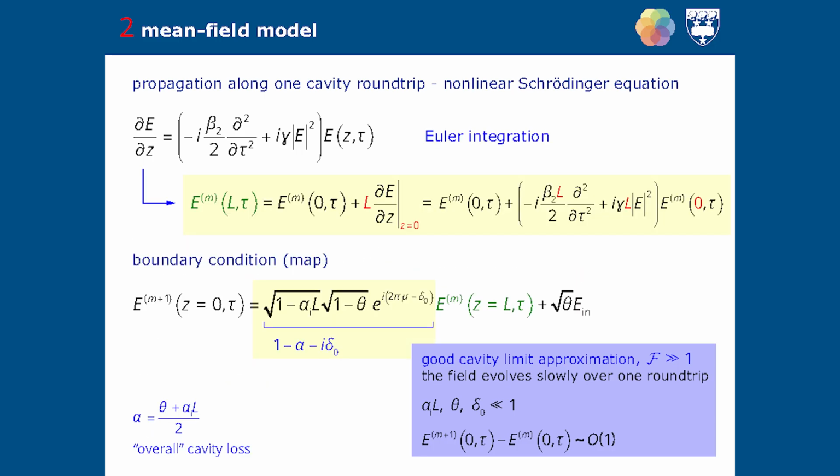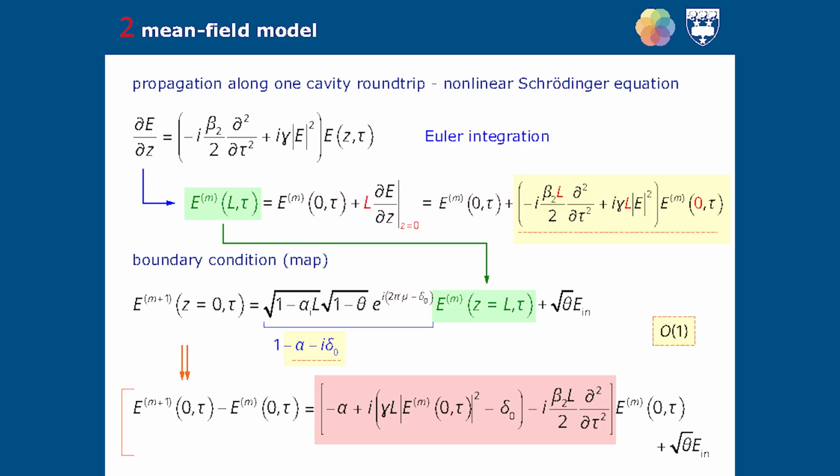So under this approximation, I'll go through that quickly. You can read about that in the literature, but the idea is that over one round trip, nothing much happens. So to integrate the NLSE, I just assume this derivative to be constant along the round trip, times my resonator length. And this is basically zeroth order Euler integration, if you like. And then in the boundary condition, all of these small terms, we linearize all that.